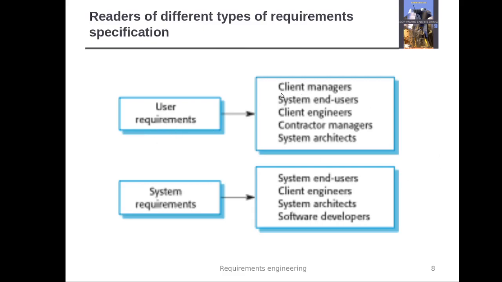User requirements will be given by client managers, system end users, client engineers, contractor managers and system architects. However, the detailed system requirements can be got from system end users, client engineers, system architects and software developers.